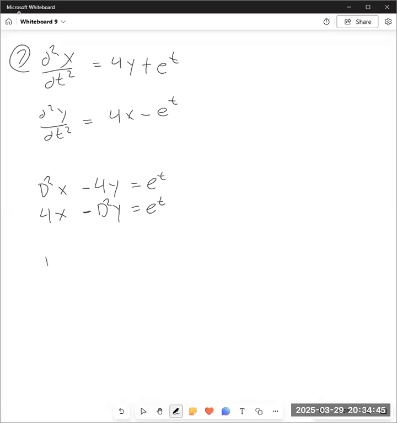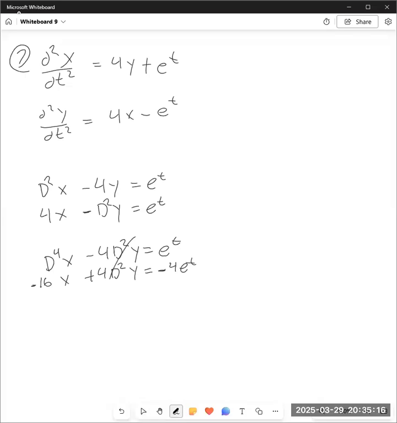So make this D⁴x minus 4D²y. Second derivative of e^t is still e^t. And then I'm going to multiply by a -4 here. So this is -16x plus 4D²y is equal to -4e^t.